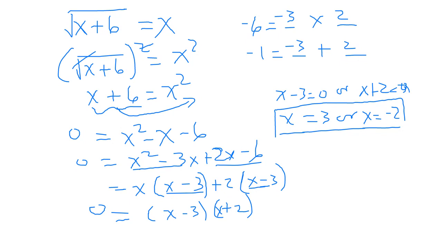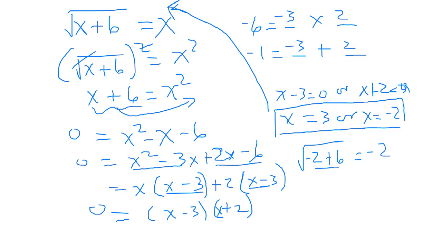Now, if you look at what we have in the workbook, if I decide to put x equals negative 2 into this function, because that is the function we started with, I'm going to have the square root of negative 2 plus 6 equals negative 2.